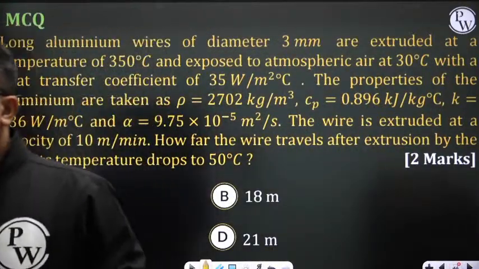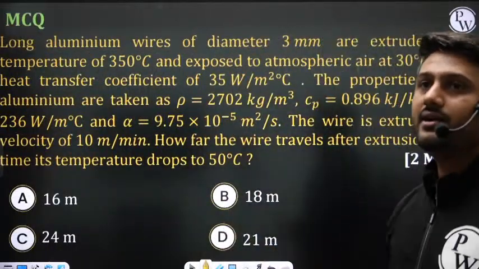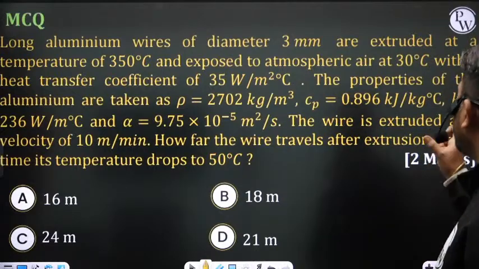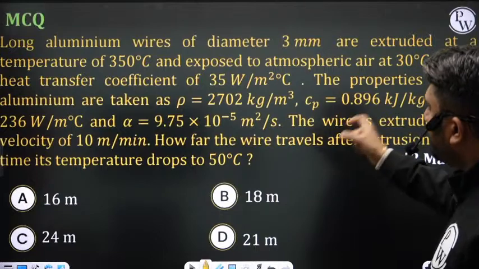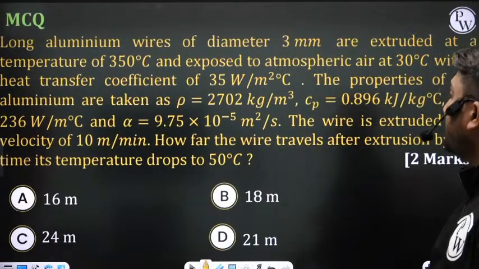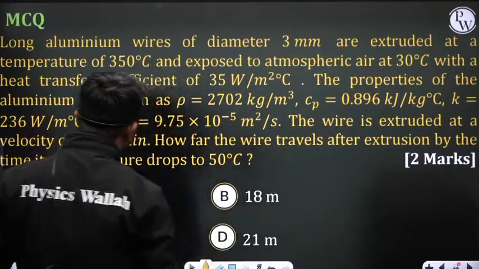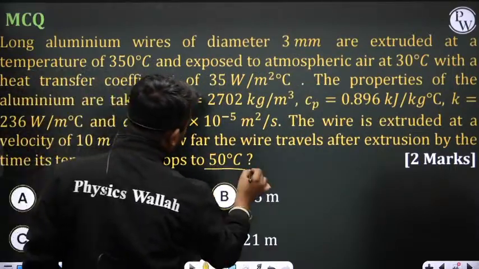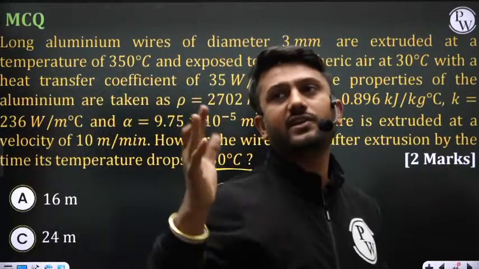So what is the distance traveled by the wire when the temperature drops to 50 degrees Celsius, or we can say when the temperature reaches 50 degrees Celsius.